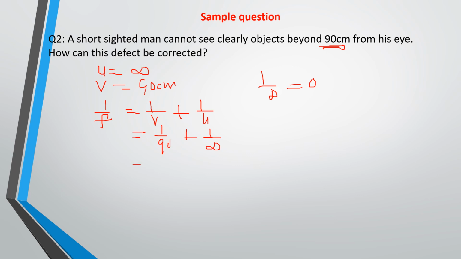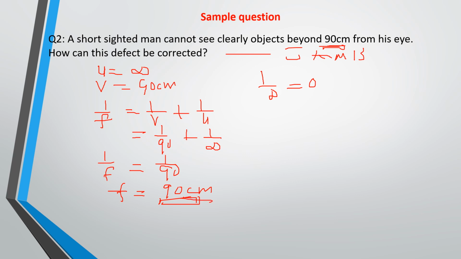So this will be equal to 1 over 90. 1 over f is 1 over 90, so your f will be equal to 90 centimeters. The focal length of the lens that is required should be 90 centimeters.